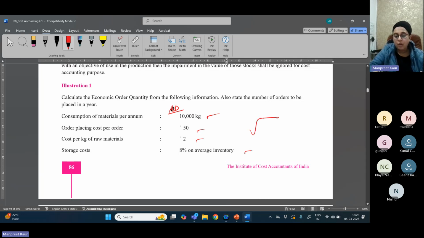So we have the formula: 2 multiplied by 10,000 multiplied by ordering cost divided by carrying cost. The formula is C into S, 2 multiplied by 8%.